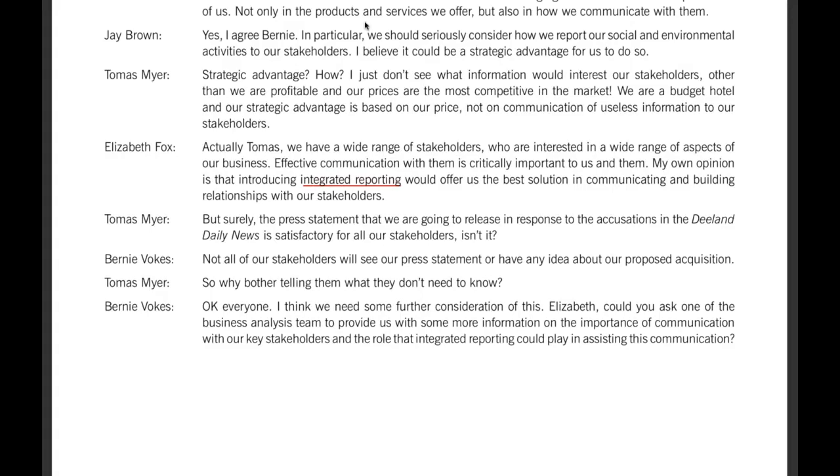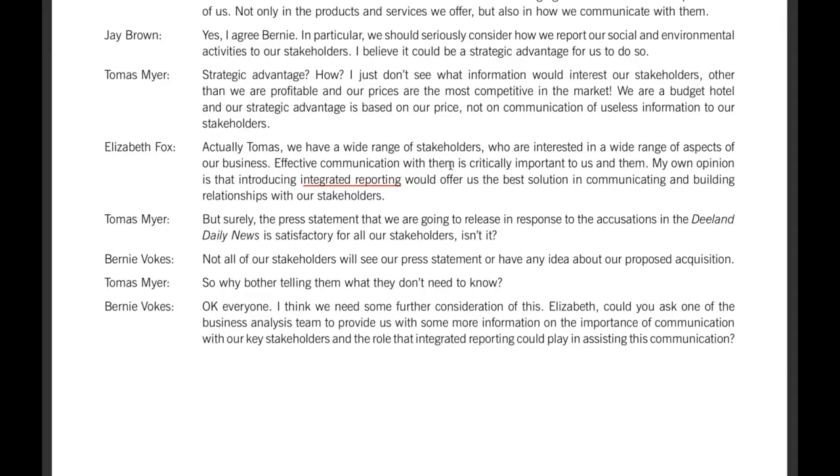Up here are all the issues that they want to communicate to the stakeholders, but they don't know in what ways they are able to do that. Elizabeth is telling them that introducing integrated reporting would offer the best solution in communicating and building relationships with stakeholders.